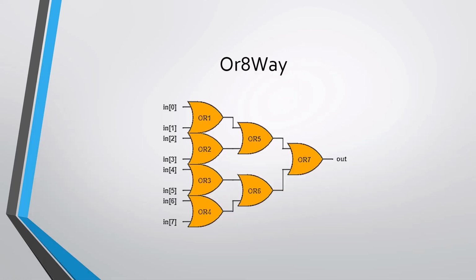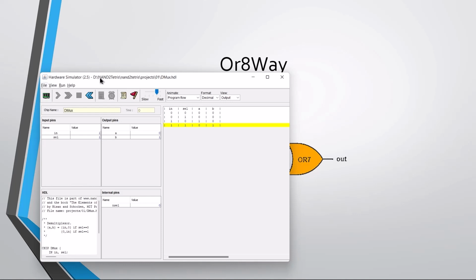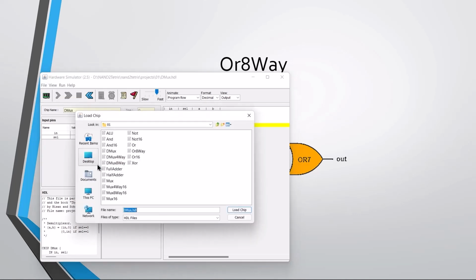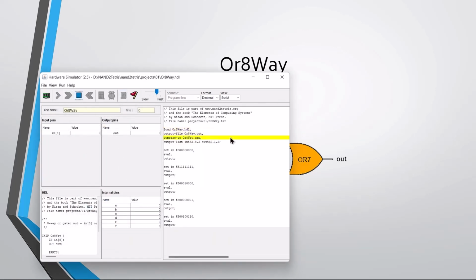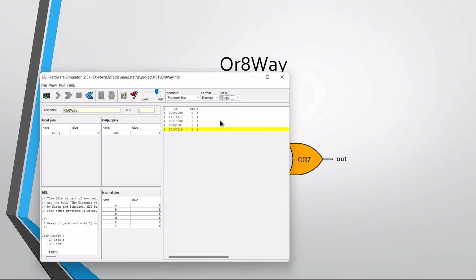Next is the OR 8-way. This takes 8 inputs and does the OR operation on all of them. This is its circuit. The output.